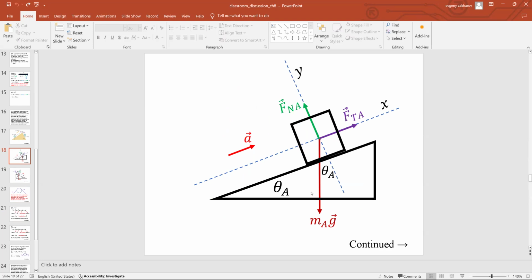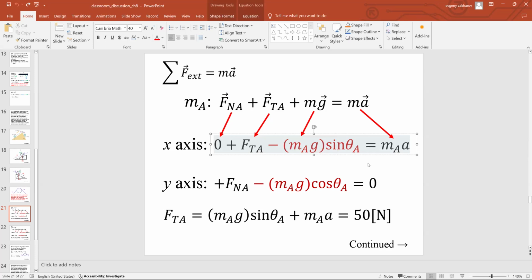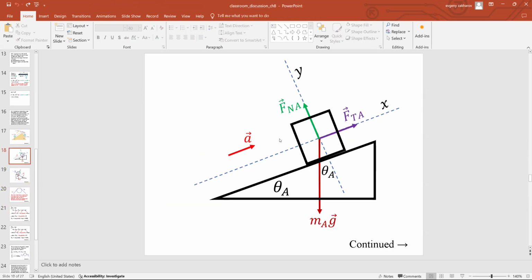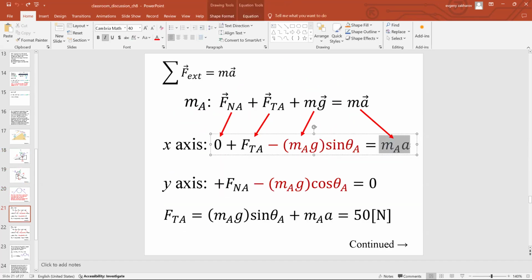If this is theta, then this is theta, and this component is opposite to theta, and it's pointing in the opposite direction to x, so it's a negative mg sine theta. And what's the acceleration? Acceleration has the same direction as the positive x-axis, so it's plus ma right there.